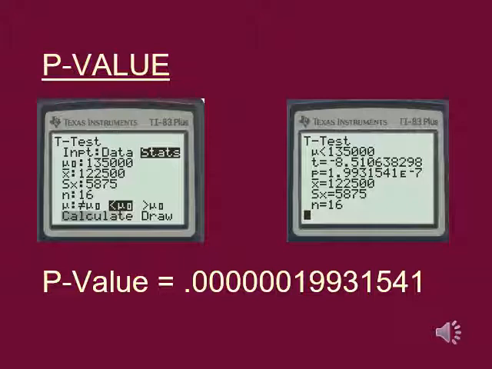and you'll have the answer that you need. What we care about is the p-value, and once again, this one is in scientific notation. On the p line, it has e minus 7, or 10 to the negative 7th power. That's why what I wrote out here is 6 zeros after the decimal point, and the 7th one is the 1 that it had there, so 0.000000199 and some change.